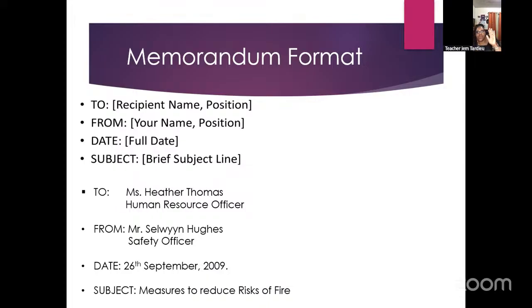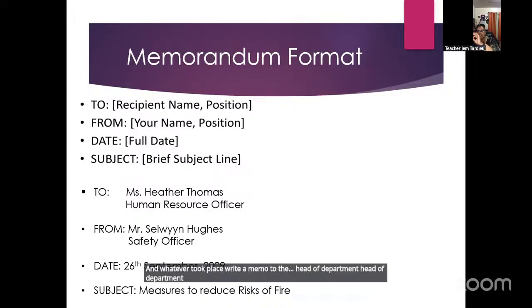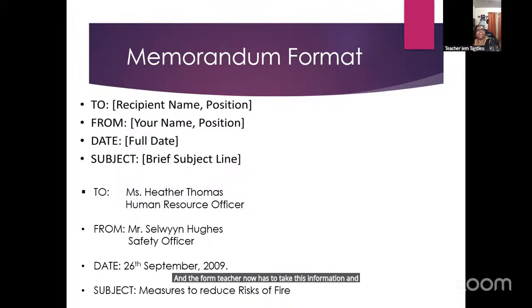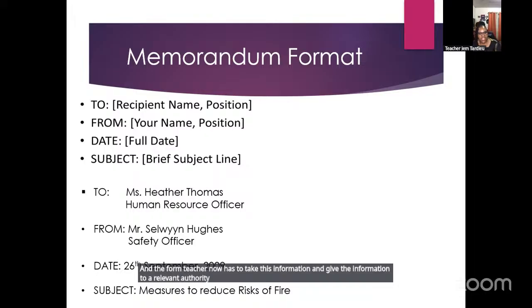Again, if CXC says write a memo, you are the form teacher of class 2B, and whatever took place, write a memo to the head of department stating what was done concerning the matter with the cafeteria, or a student found that the dean dealt with them inappropriately, and the form teacher now has to take this information and give it to a relevant authority within the organization.